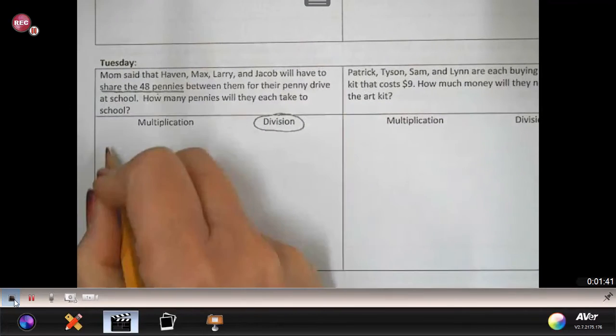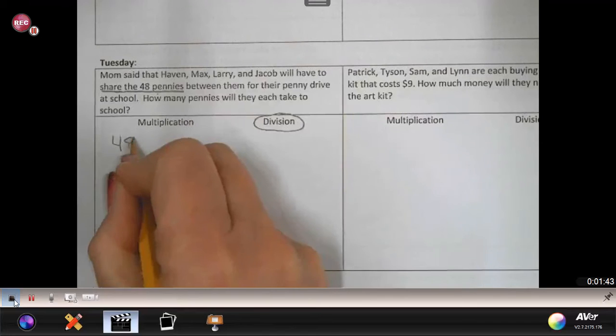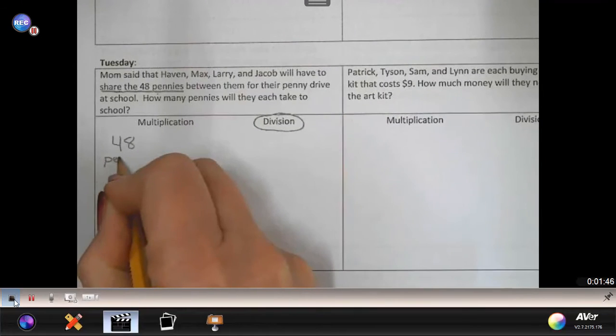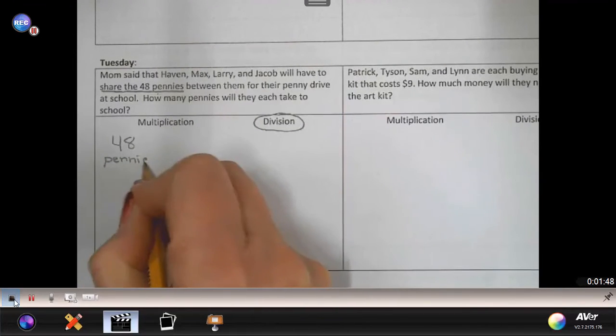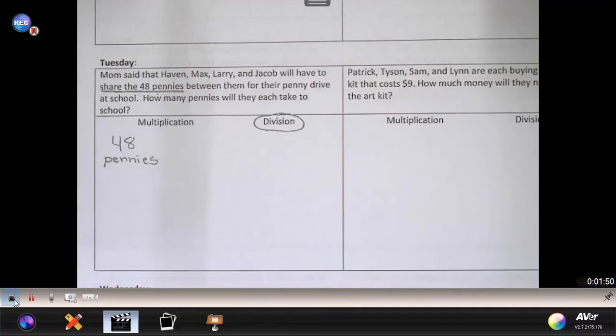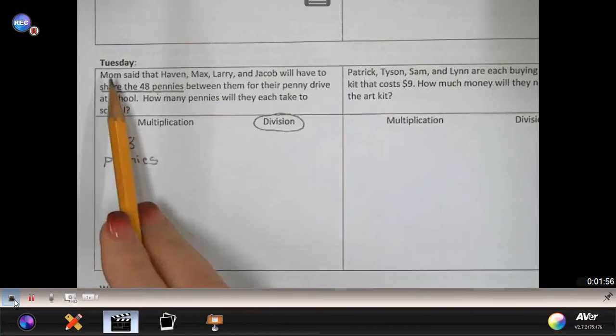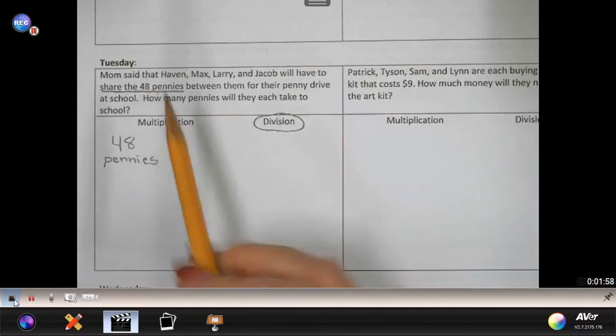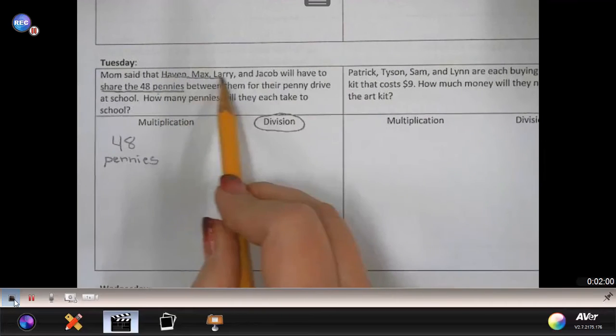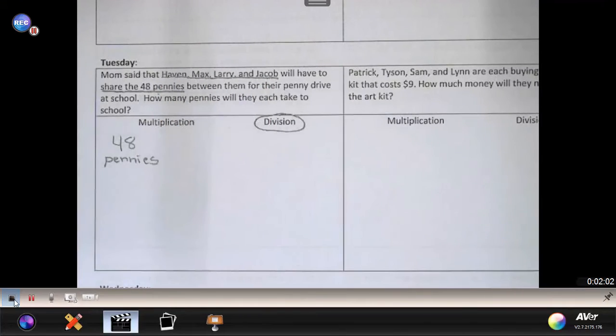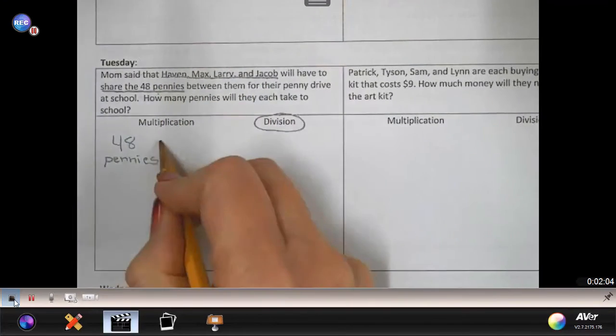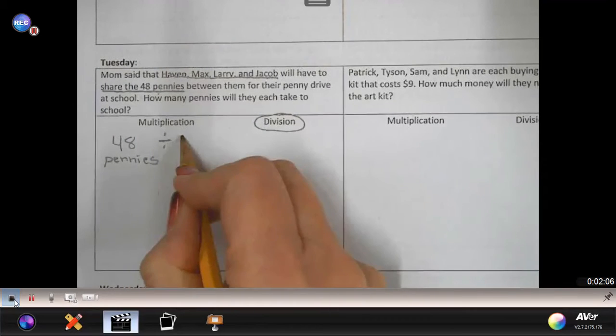So we're going to take those 48 pennies. And remember, I'm asking you to label your equation up here at the top of the directions. It asks you to label. But how are we going to share these pennies? Well, in the first sentence, it says, Mom said that Haven, Max, Larry, and Jacob will have to share them. So we're sharing them into groups.